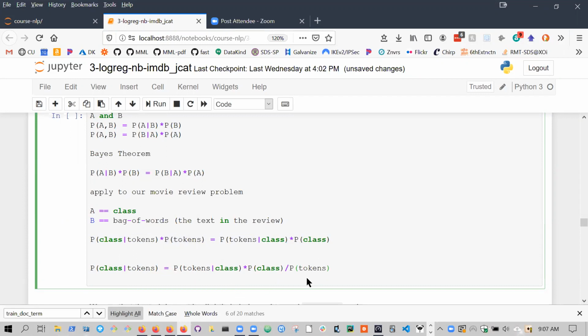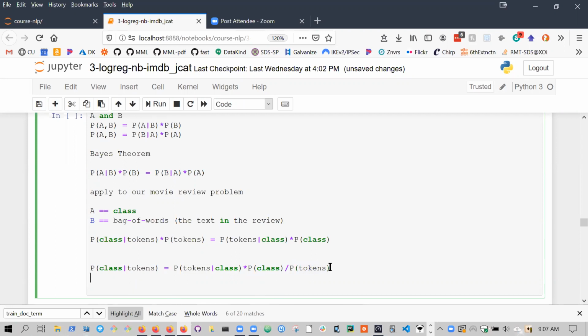Now, in this statement, this is what we want: the probability that the review will be positive or negative given the tokens. This is the token likelihoods, the probability of the tokens given the class, which we've already computed. This is P of class, which we've already computed. And this is just a constant, which we haven't computed, but we don't need to care about.